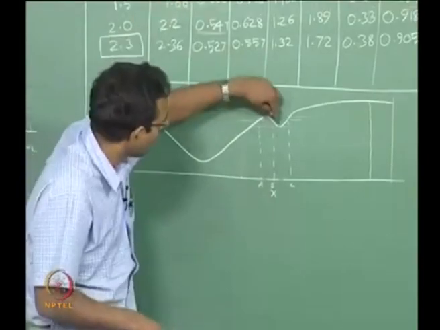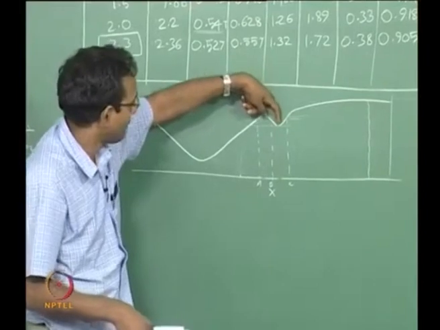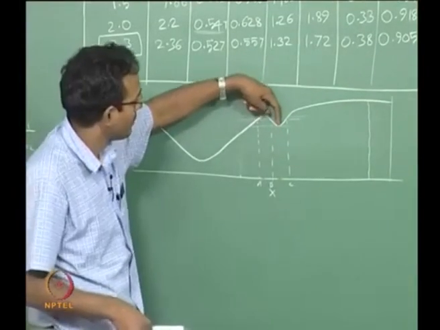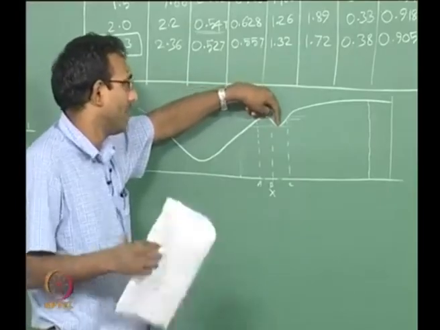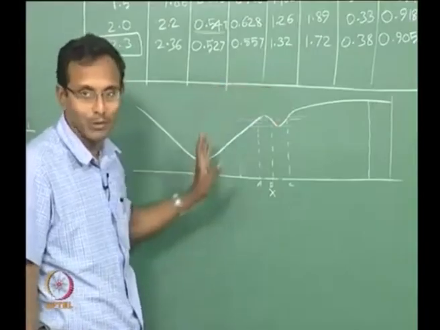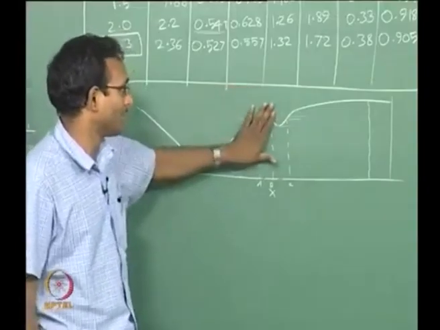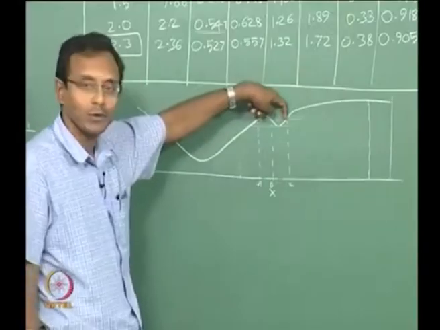If I am at this location, shock is at this vertical line, the minimum of the second throat if you think about it, and I increase my P naught only, it will go to that point. You see, right? It is going to a higher area, it is more downstream. If I think about a simple convergent divergent nozzle, if I increase P naught, it goes downstream. So, it will go that way to reach that point.